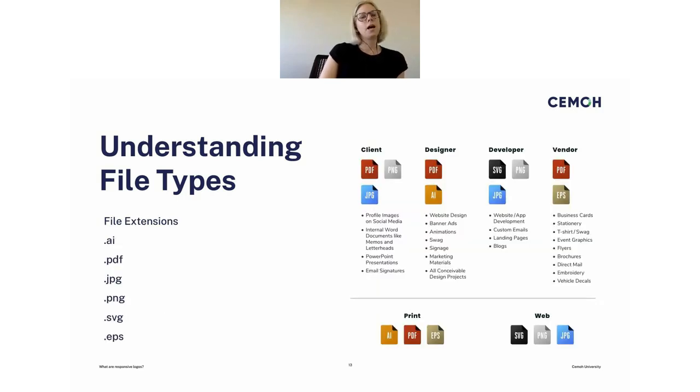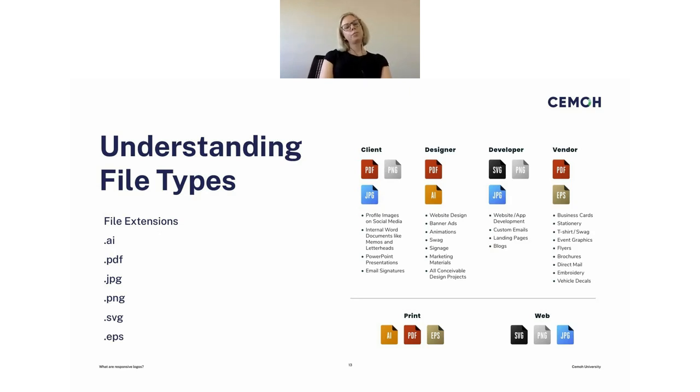And the last thing that makes up a part of understanding which of the file types you work with for your logo is understanding the file extensions. In general, your AI, your PDFs, and your SVG and EPS files are vector files, so those are ones that are scalable.